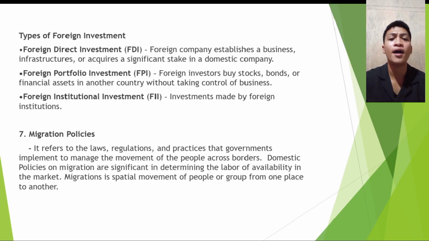These are the laws and rules a government makes to control how people move from one country to another. These rules are important because they decide how many people are available to work in the country's job market. Migration is simply the movement of people from one place to another.